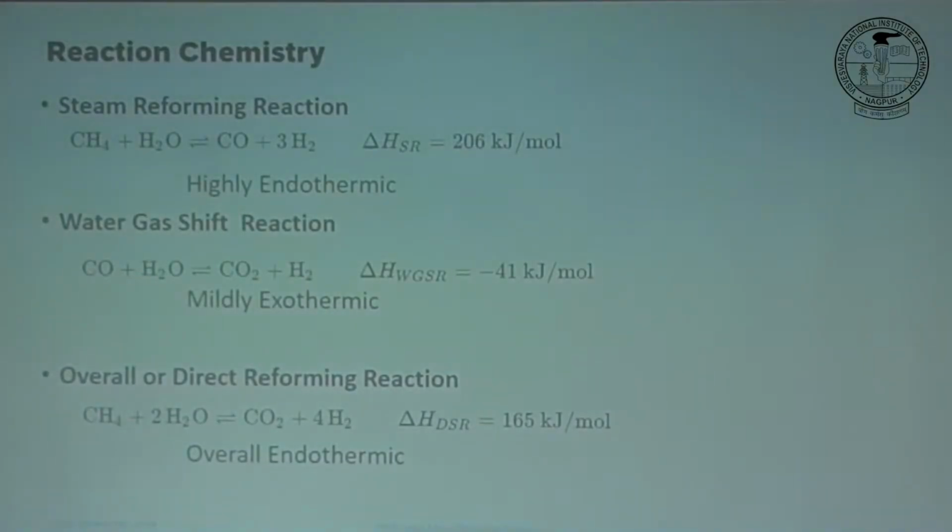In combination of these two reactions, you can also say overall a direct reforming reaction is this. So the first one is highly endothermic, the second one is slightly exothermic. And overall you could see the numbers, 206, 41, the overall reaction becomes endothermic.